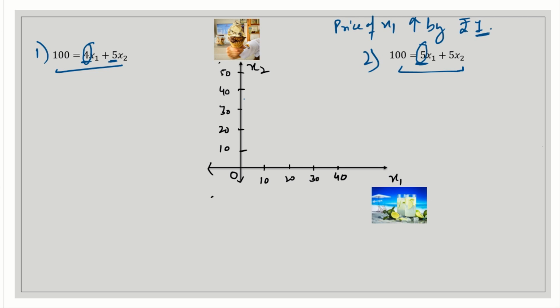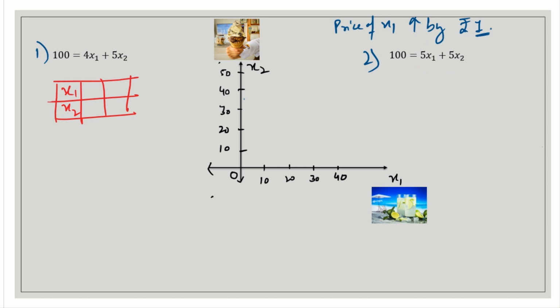So now let us try to understand how the budget line is going to get affected in this case. Similarly we are going to repeat what we did in the last case. We are going to get the coordinates for the respective axis for x1 and x2, for the line which we are getting after the price has increased, right?